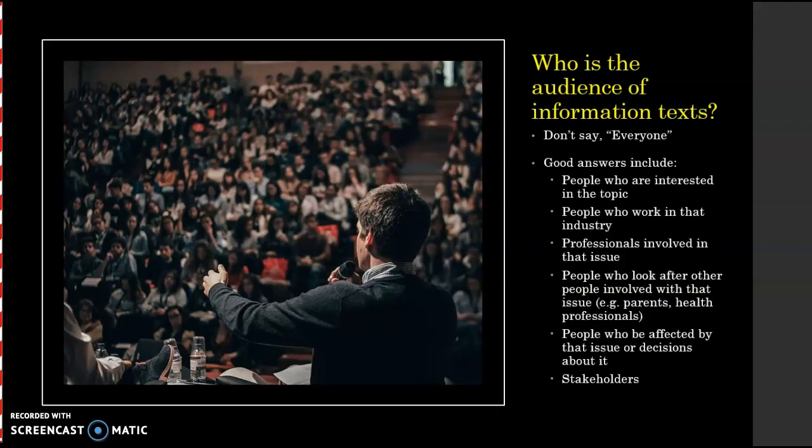So, for example, parents or health professionals, or people who are affected by decisions about that issue. Often there's a word for that: stakeholders. So who has a stake, who has something to lose or gain from this issue.